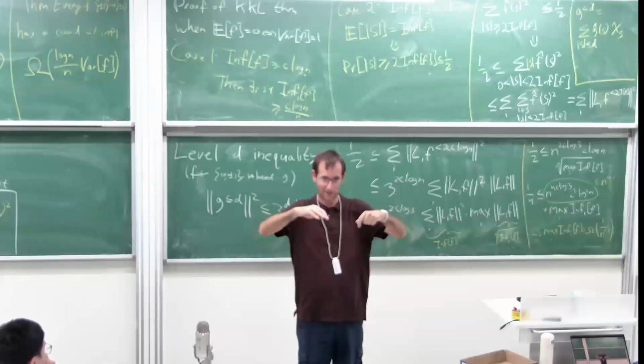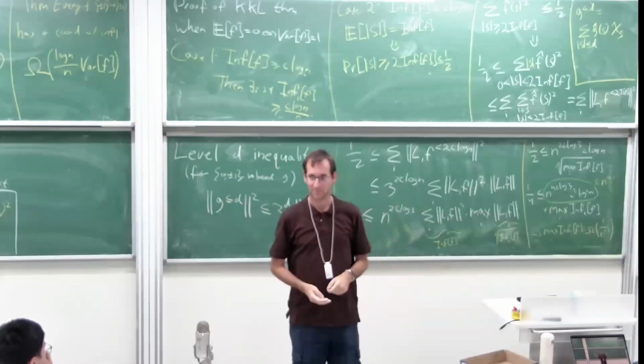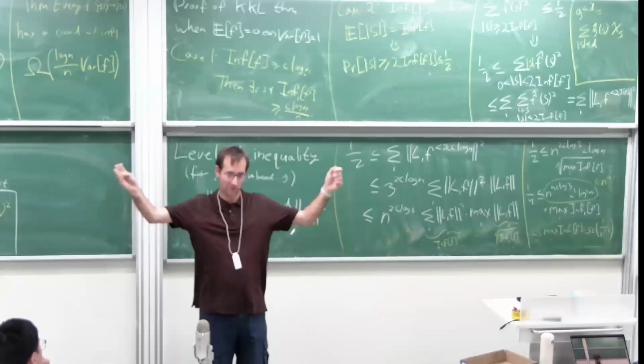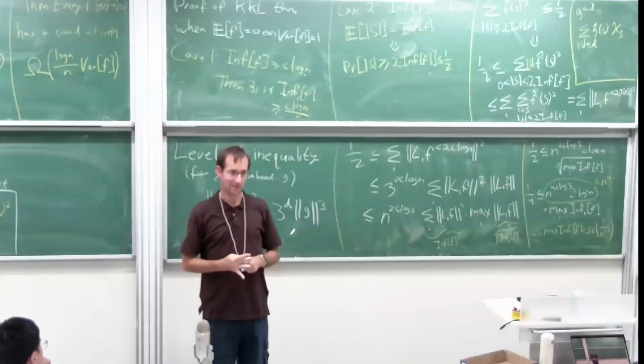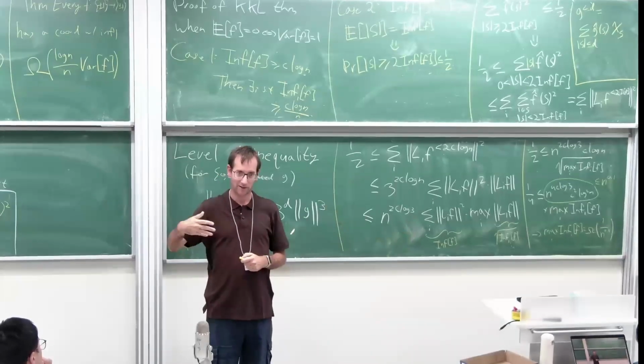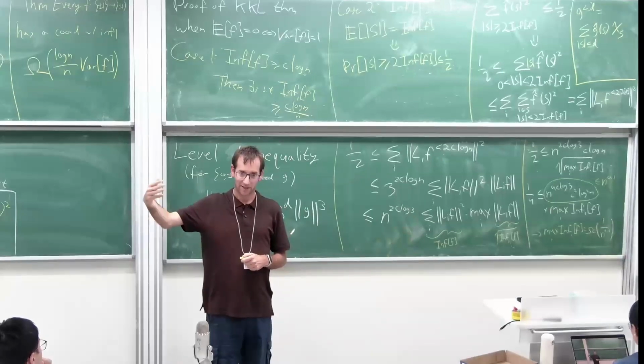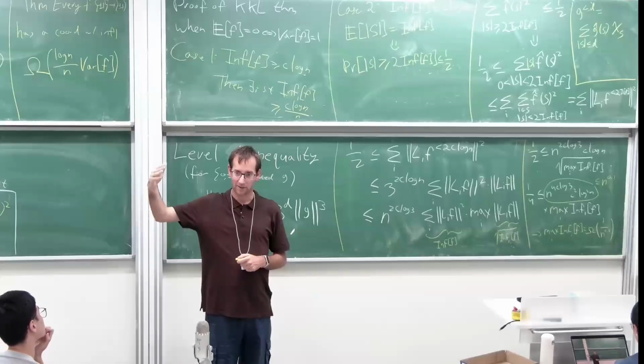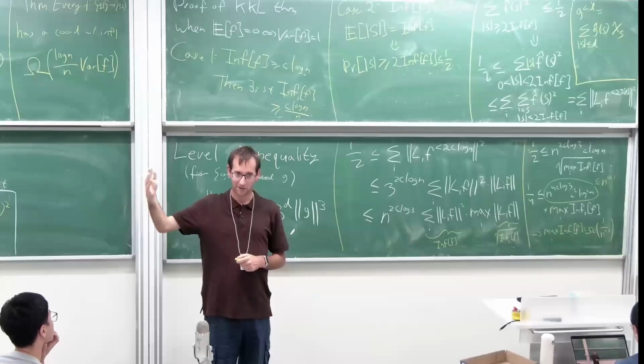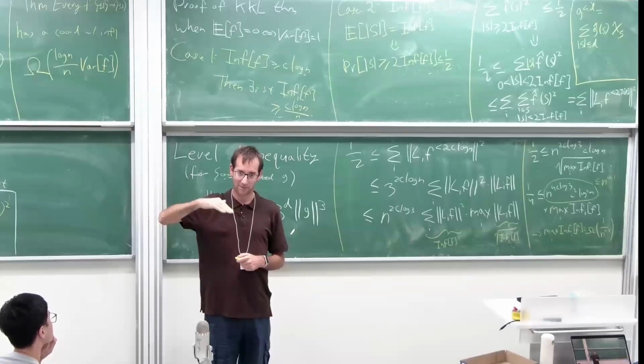Again, the degree is the size of the Fourier coefficient, the size of S. Because a lot of the mass is on the low degrees, this is also the case when you look at these LIFs. This means that these LIFs cannot all be very biased, because a biased function has most of its mass on high degrees.